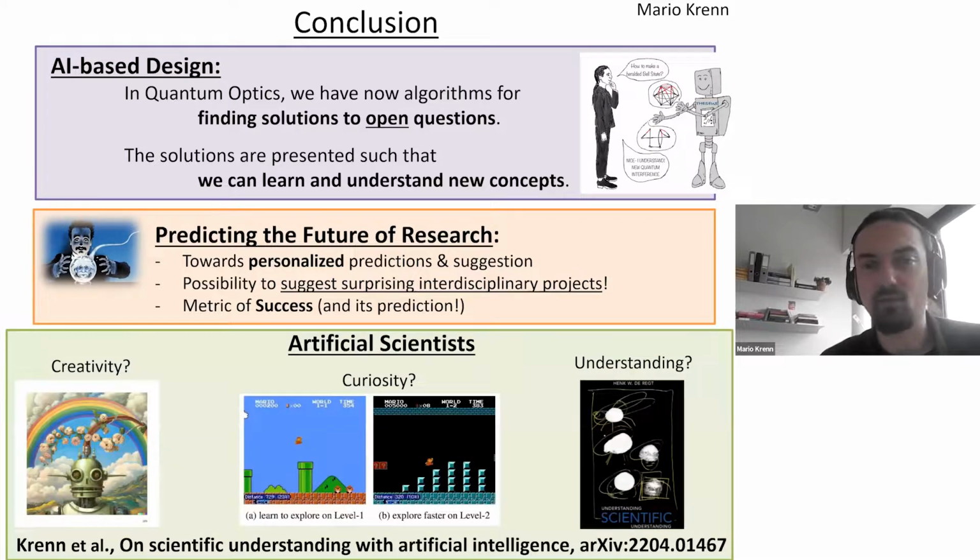And then in the end, we can think about what distinguishes us as human scientists from artificial scientists at this moment and in general.